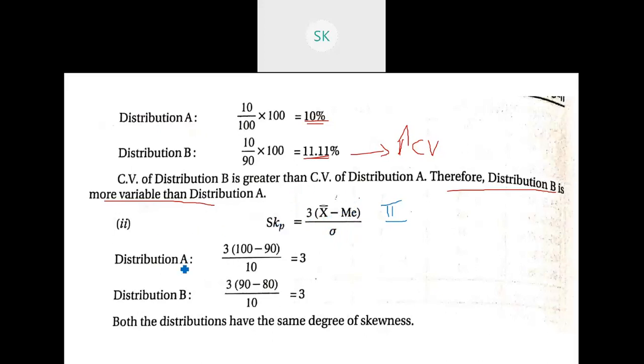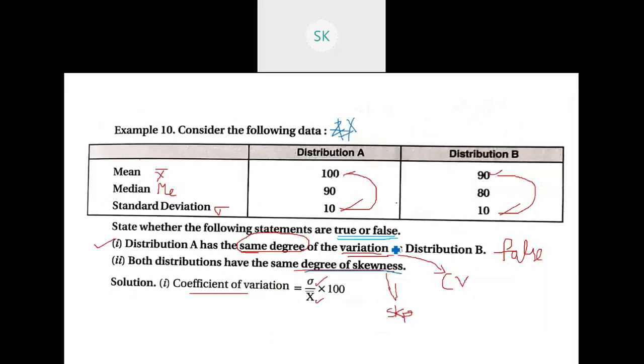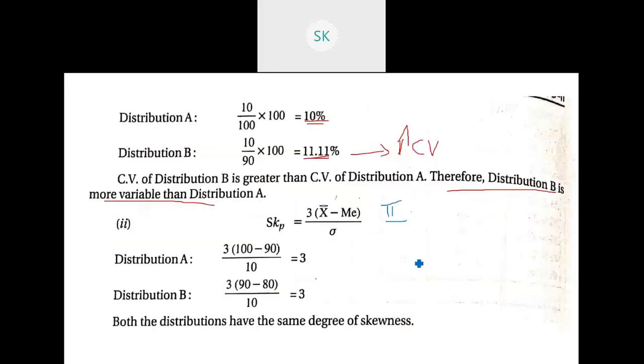Now let's calculate distribution A. The arithmetic mean of distribution A is 100, B is 90, the median is 90 and 80, and the standard deviation is 10. Standard deviation is the same. So 3 into (100 minus 90) by 10. For distribution A, the skewness is 3.